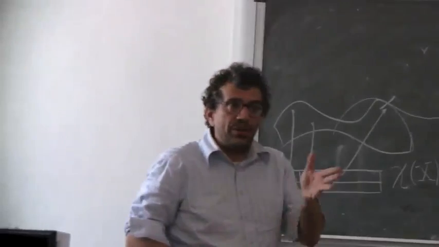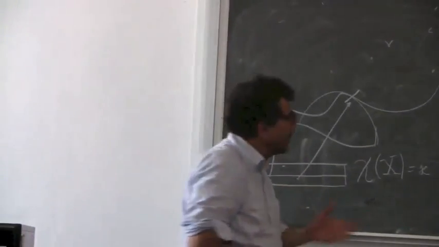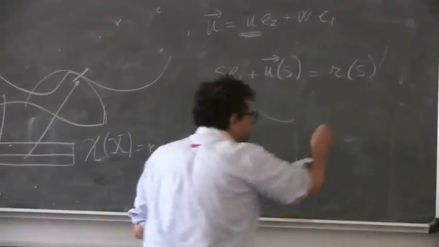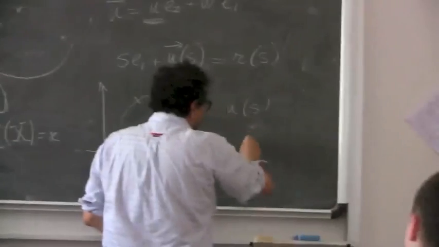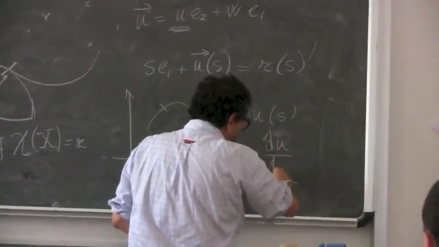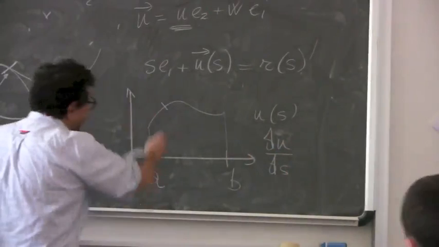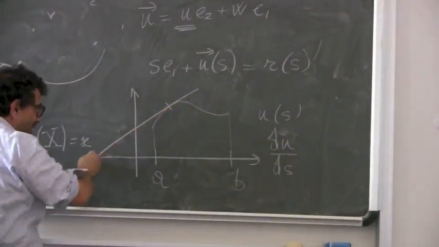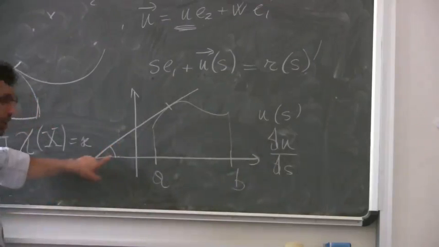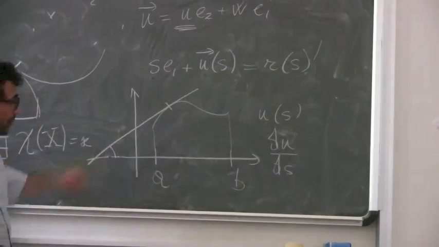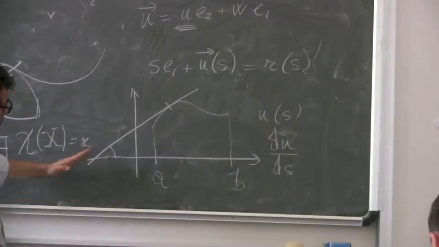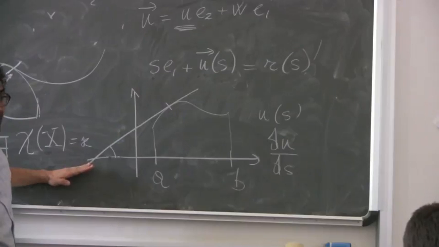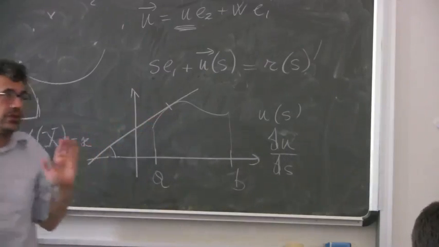Euler knew very well that the derivative of the function u of s, so du over ds, is giving to you the tangent of this angle, where this is the tangent straight line to the graph of the curve.